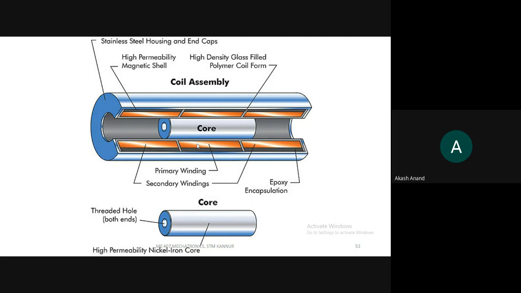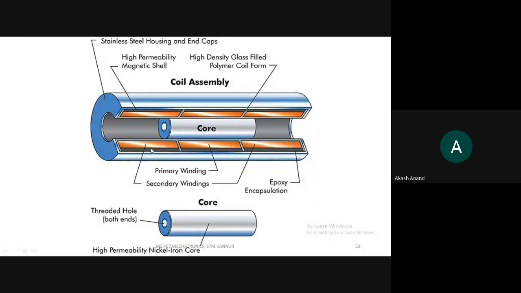If you keep this iron core at the middle, the EMF induced due to the core and the magnetic field produced by the primary winding is of almost the same magnitude for the first secondary winding, and in the same way for the second secondary winding the same effect will be there.